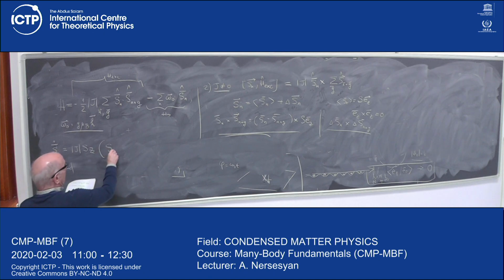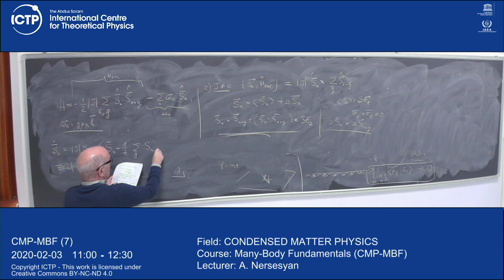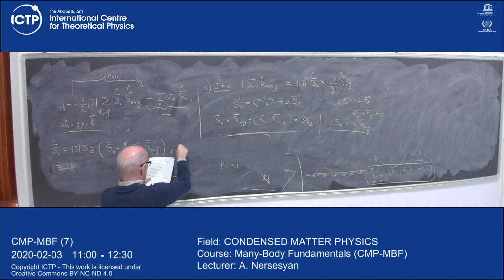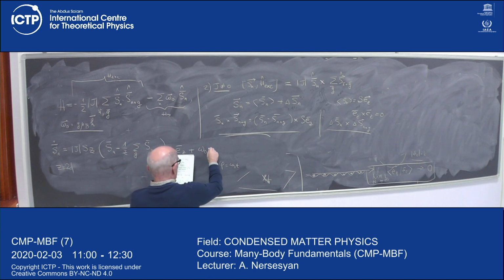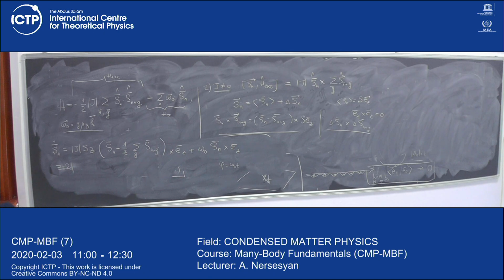And here I have S_n minus 1 over Z, sum over j, S_{n+j}, cross E_z, plus omega naught, S_n cross E_z. This is the structure. So you see that the right-hand side contains the spin operators in the first power. There is no quadratic term, so that's the essence of the approximation.